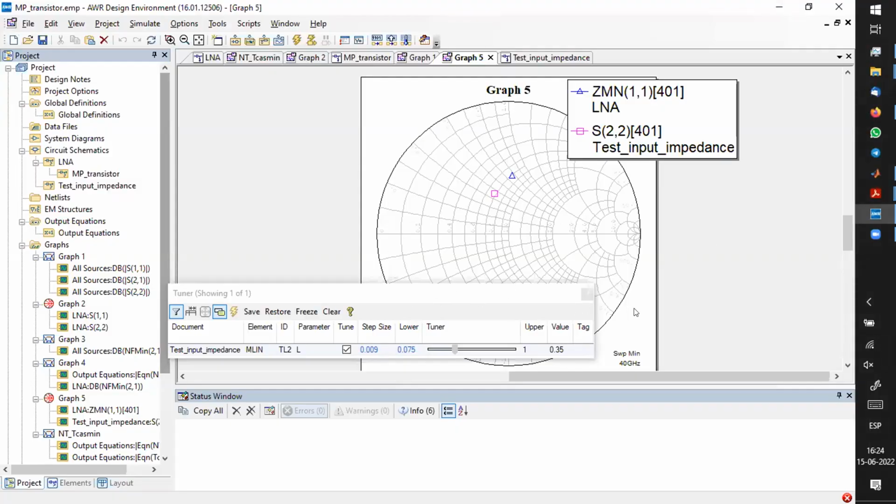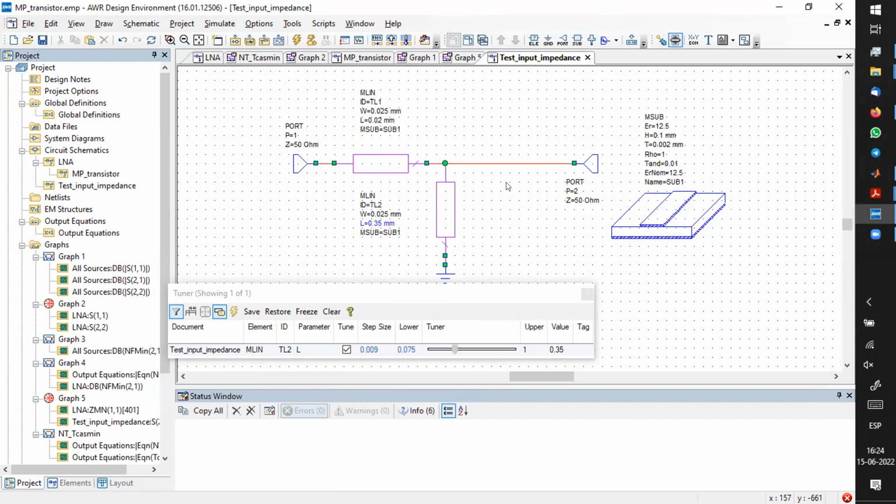So now if you add a piece of a series line, you are really close to the optimum, right? Yeah, and that's it. So you can make maybe that one tunable too.